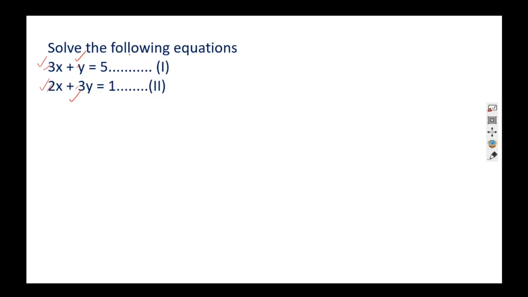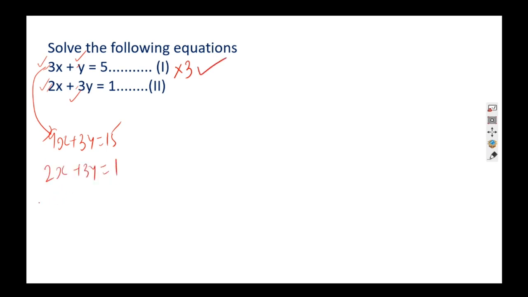One of the methods is multiplying the whole equation with certain numbers to get 3y over here. So I can multiply this equation with 3. I will write 9x plus 3y is equal to 15, because I multiplied with 3. The second one I will leave like that, 2x plus 3y is equal to 1.